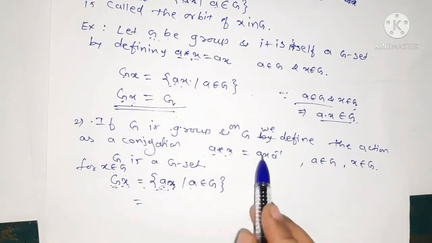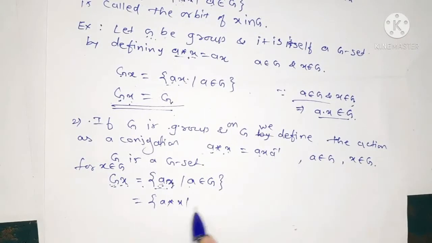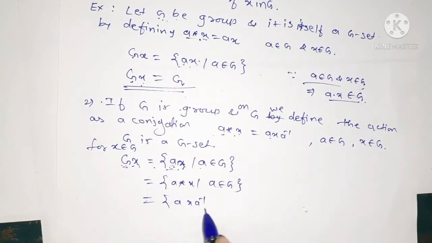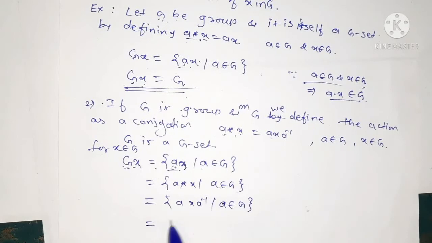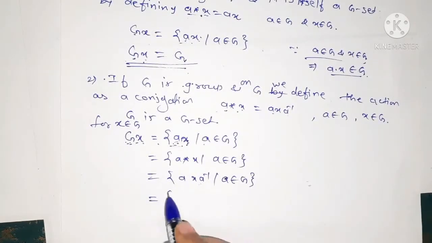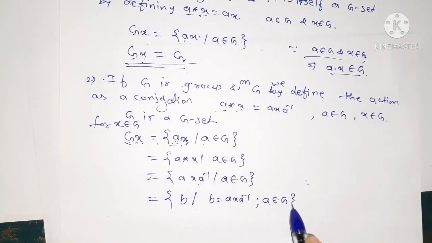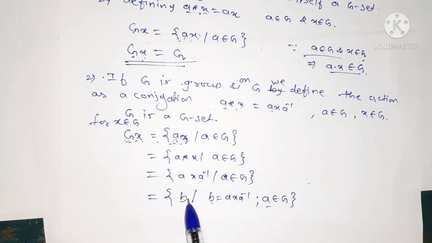So here a star x is nothing but a x a inverse, such that a belongs to G. And this is equal to the set of all b such that b equals a x a inverse, where a is an element of G. That is, we write a x a inverse equal to b, and thus the set is equal to the set of all b where a belongs to G.